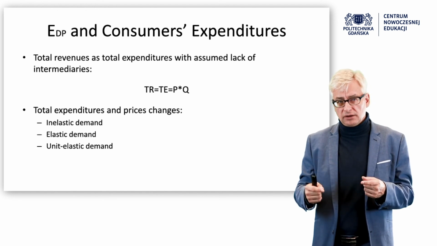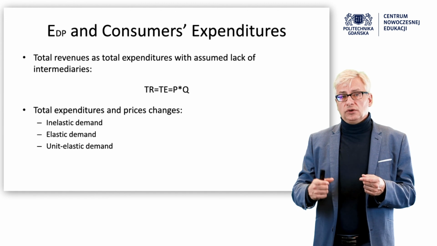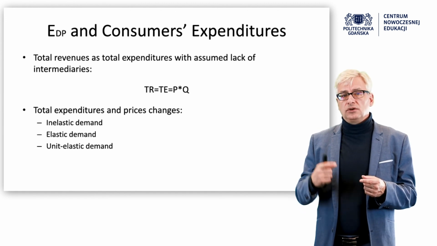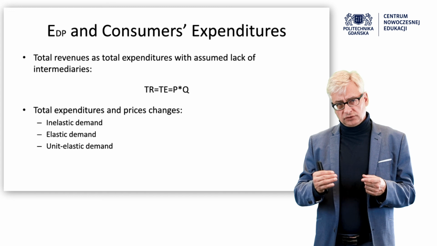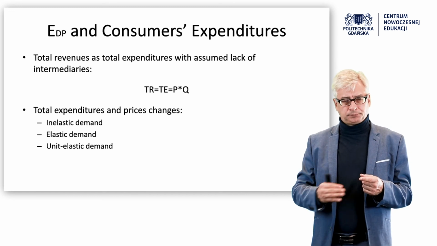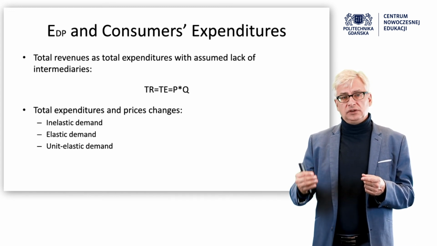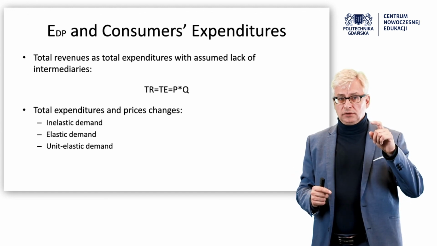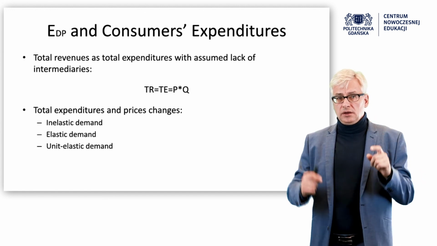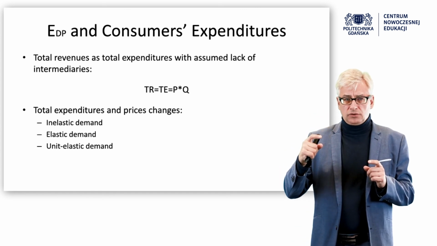It's the other way around if your demand is elastic. If your demand is elastic, then your customers are price sensitive. So their reaction to changes in your price is quite violent, quite dramatic. If this is the case, then if you increase the price, even a little bit, many people would give up buying your goods.